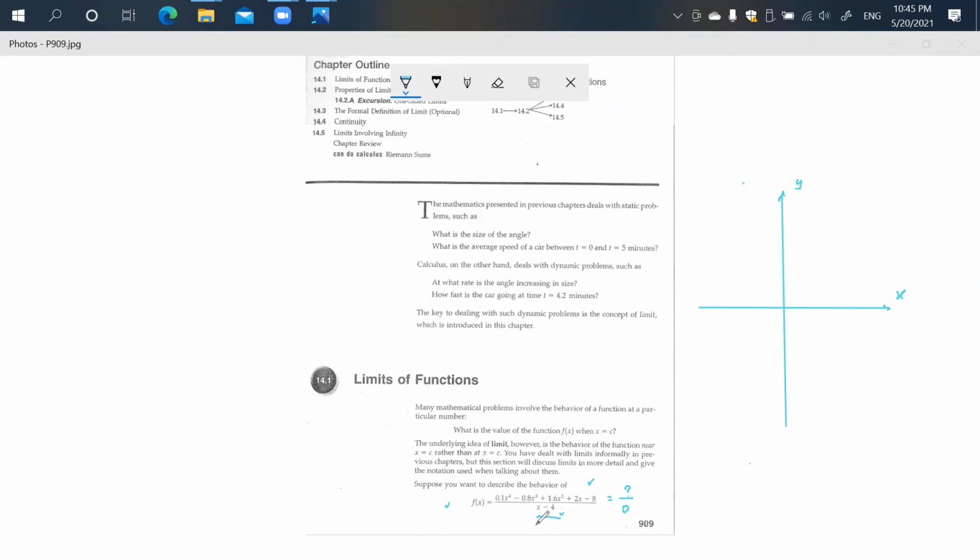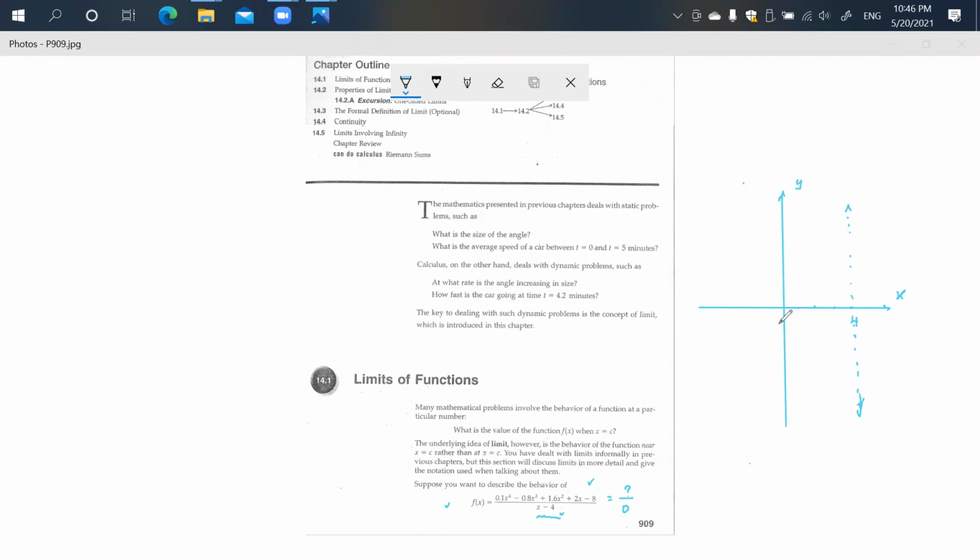If we have x equals 4, for example 1, 2, 3, 4 here, then we're going to have the vertical asymptote right away. So this is going to be a vertical asymptote. We know this one right away.